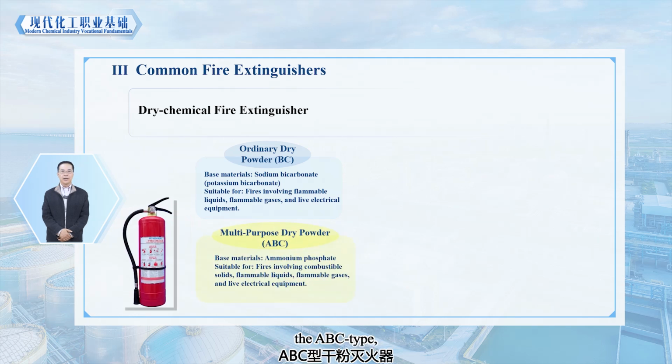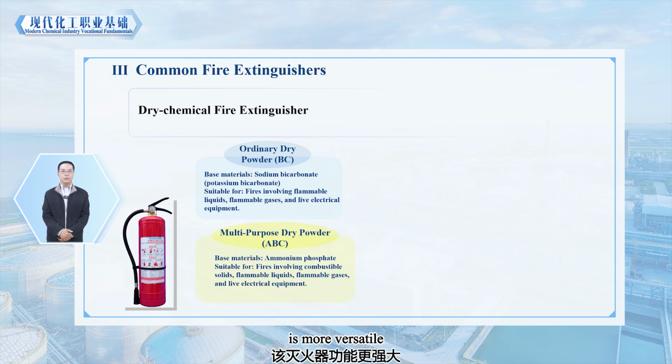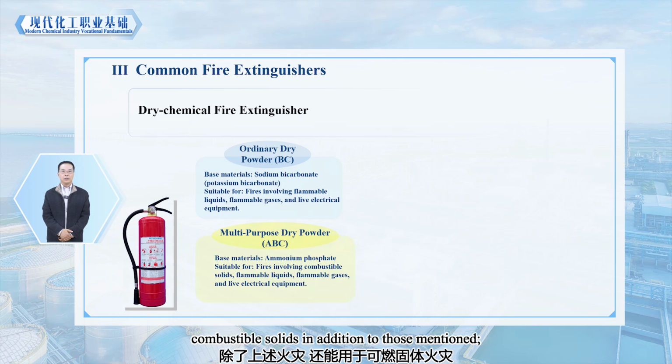The ABC type, which uses ammonium phosphate as its main component, is more versatile and can also be used for fires involving combustible solids in addition to those mentioned.